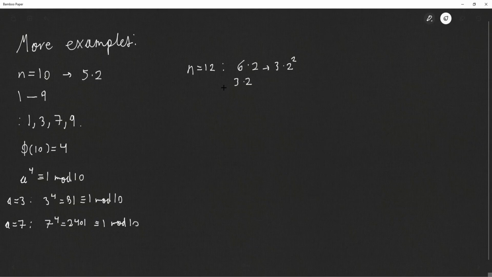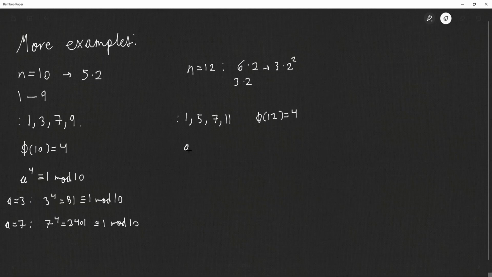So any multiple of 3 or 2 we have to say is not relatively prime to 12, meaning that the numbers that are relatively prime are going to be 1, not 2, not 3, but 5, not 6, but 7, not 8, not 9, 10, but 11, meaning that phi of 12 is equal to 4.